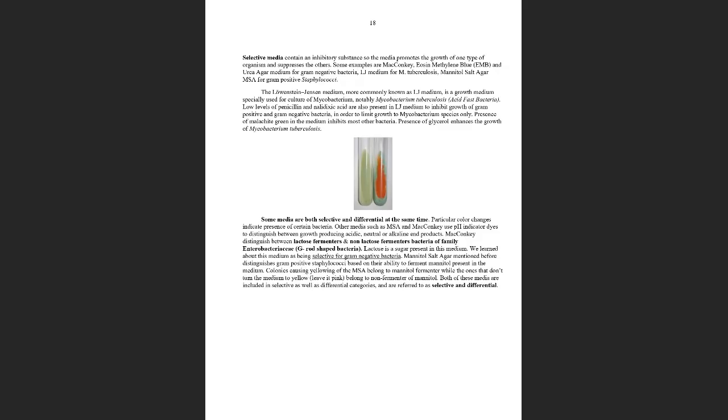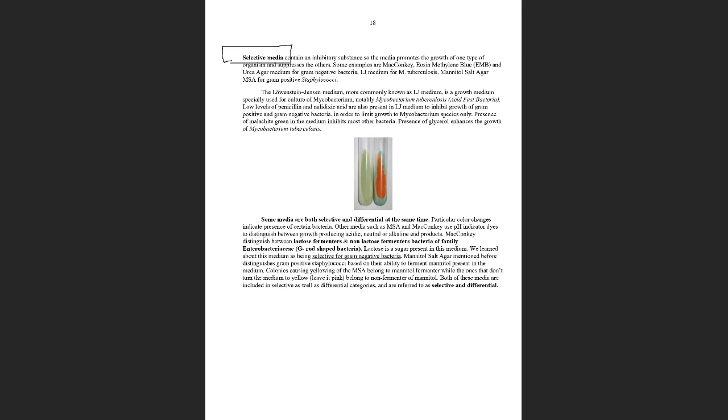So the next type of media that I want you to know is selective. Selective, as the word indicates, they're selective. Like, you know, you're selective in the food that you eat, correct? So just like that, bacteria are selective on the type of media that they can grow on. And of course, that will depend on the ingredients present in a medium, correct?